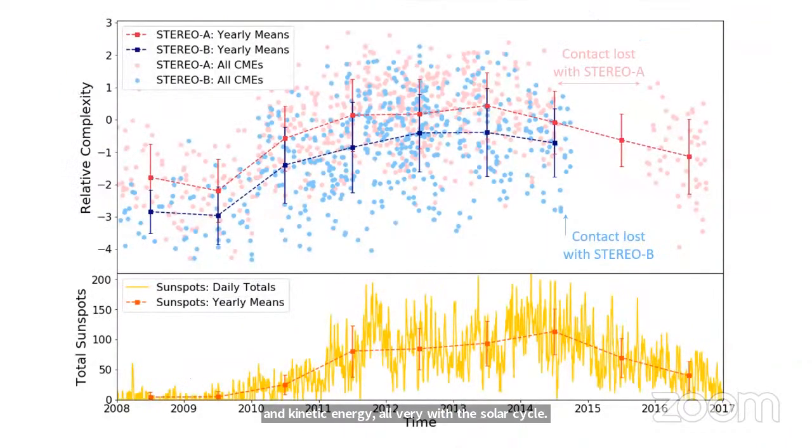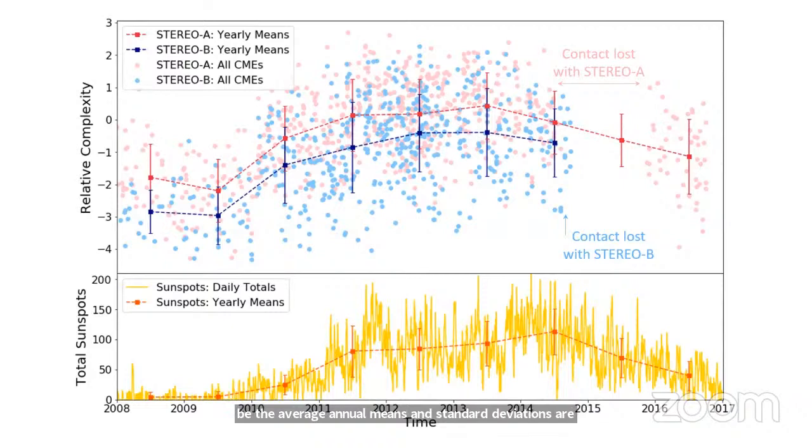So this plot shows how the visual complexity of CMEs changes over the solar cycle. The top panel shows the complexity of every CME, with pink dots representing CMEs observed by STEREO A and blue dots representing CMEs observed by STEREO B. The average annual means and standard deviations are also shown.